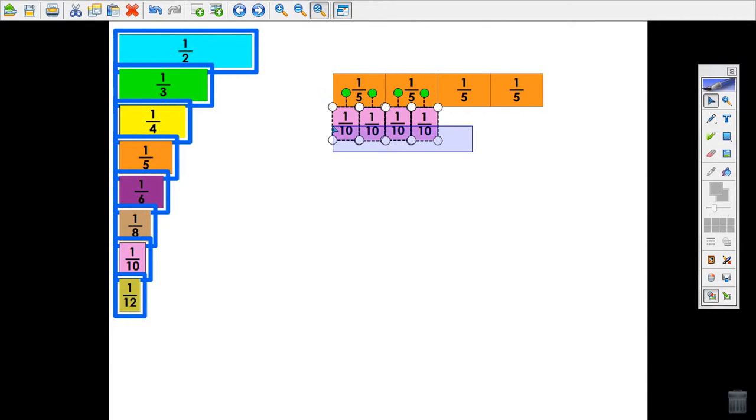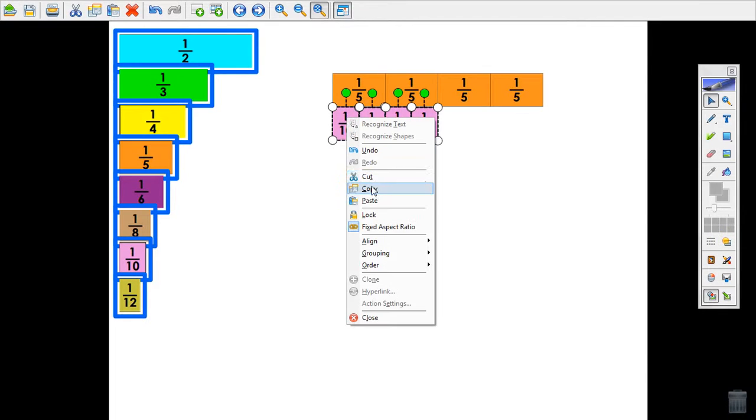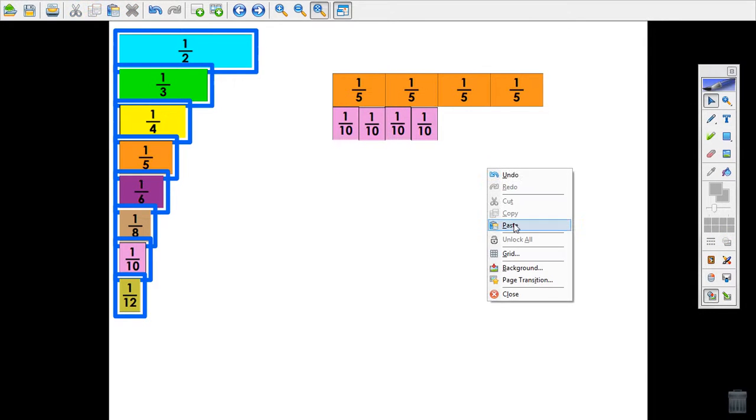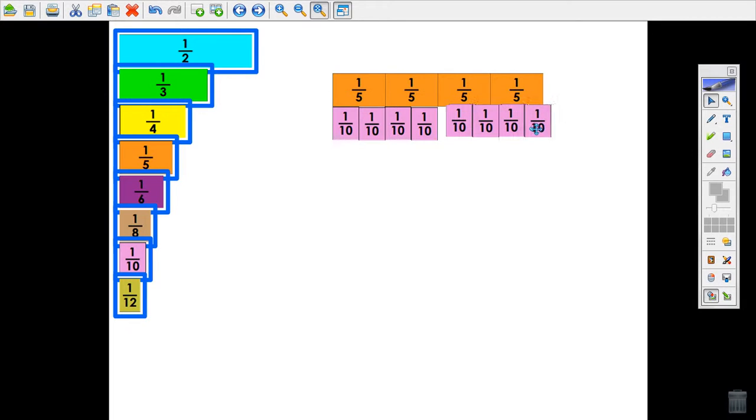And to save some time, I'm just going to copy these. I'm going to double them. Eight-tenths. So 4/5 is equivalent to 8/10.